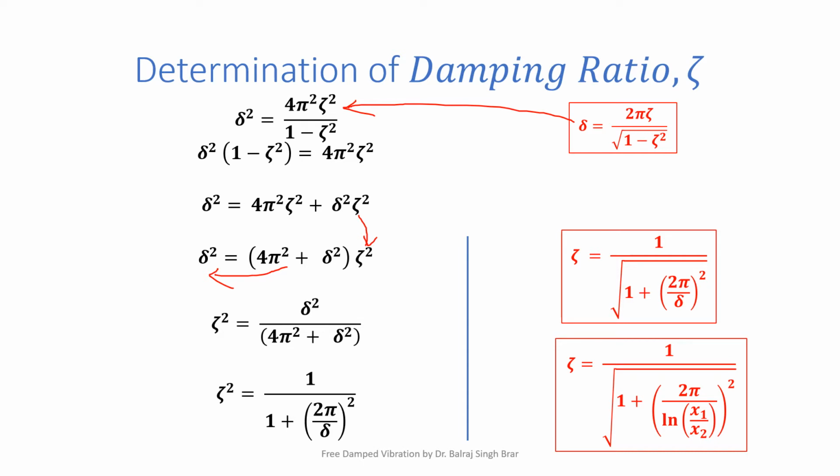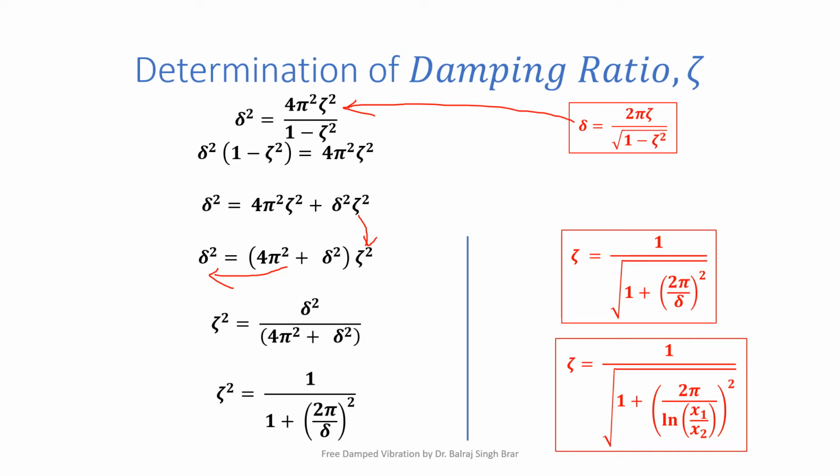Dividing numerator and denominator by delta square, we get zeta square, which is 1 by 1 plus 2 pi by delta whole square on simplification.